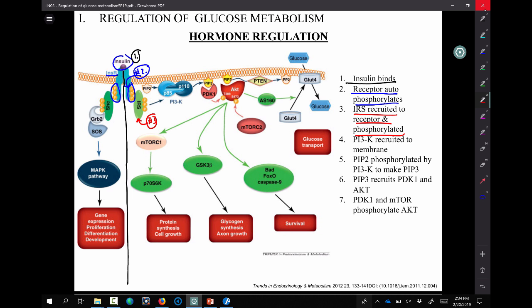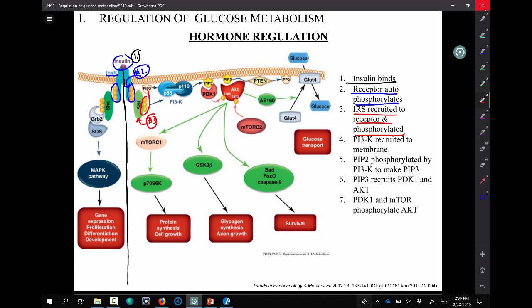When the tyrosine kinase insulin receptor is autophosphorylated, insulin receptor substrate will be quote unquote recruited, meaning that it will stick to that. And then the tyrosine kinase receptor will phosphorylate it. Okay? And that's what you see here, these phosphates. IRS recruited to the receptor and phosphorylated.